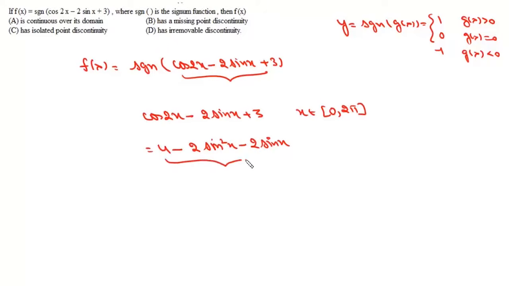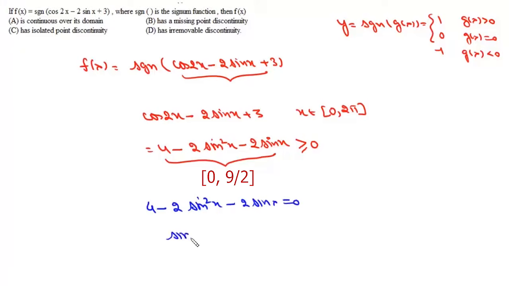The range of this function, that means this expression is either greater than 0 or it is equal to 0. Now we know that whenever g(x) is greater than 0, it will be 1, and at 0 it is 0. So what we'll do is we'll find the points where this function is 0. So this is 4 minus 2 sin square x minus 2 sin x equals 0, or we can write this as sin square x plus sin x minus 2 equals 0.